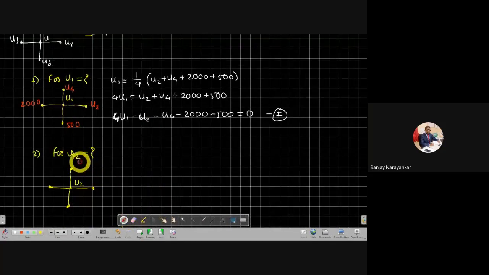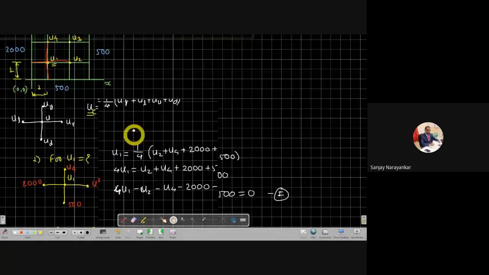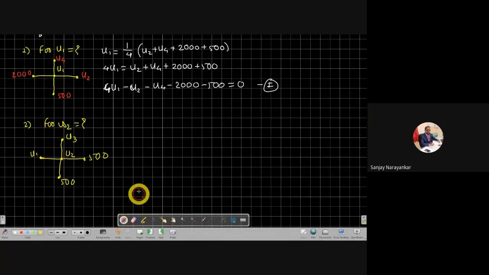So let us write these values. It is u3, 500, 500, and u1. Correct.